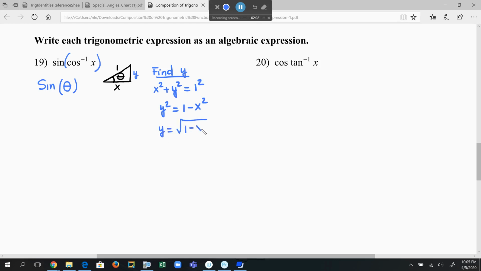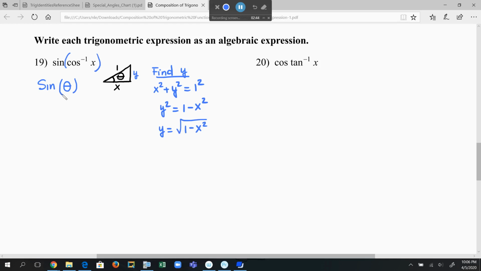So y is the square root of 1 minus x squared. And again, we just take the positive, so we ignore the negative.